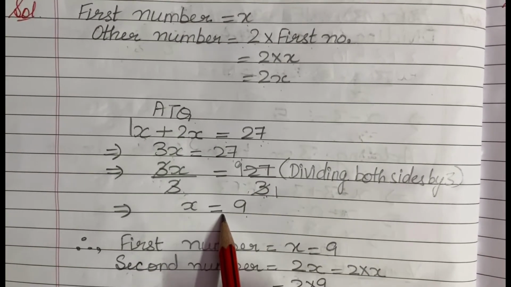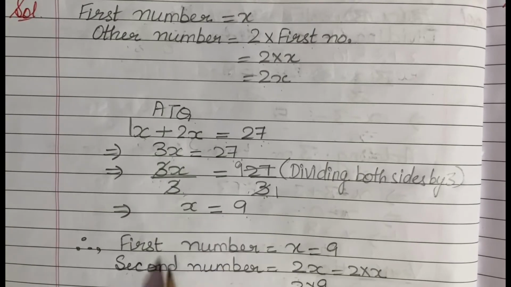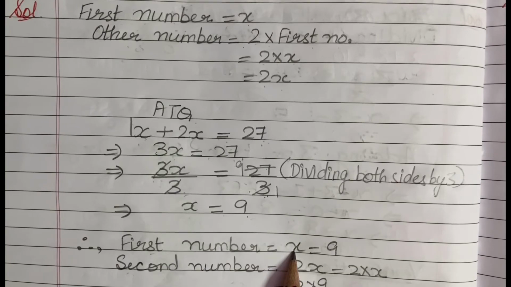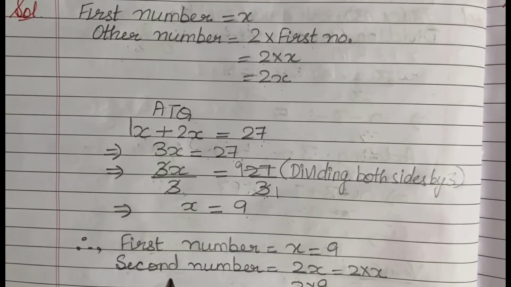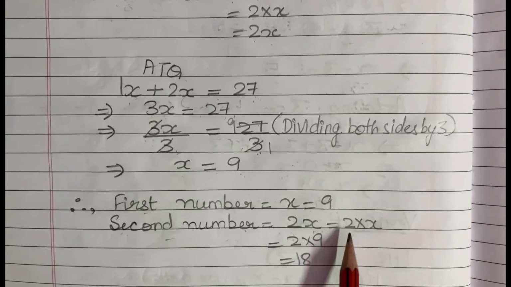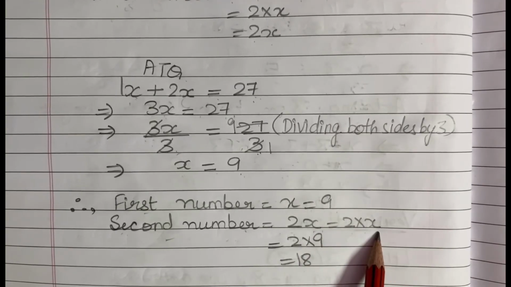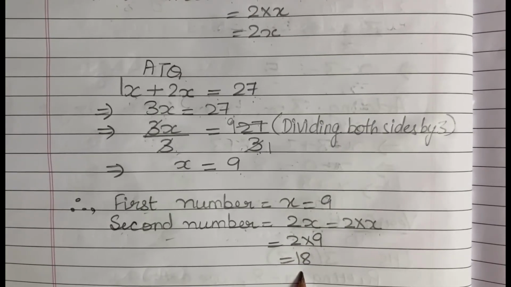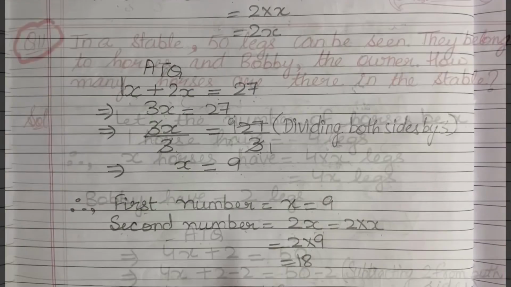So x is equal to 9. So students, this means our first number, that is x, is equal to 9, and the second number is 2x, and 2x means 2 is multiplied by x. That means 2 is multiplied by 9, and that is equal to 18. Hopefully it is clear to you.